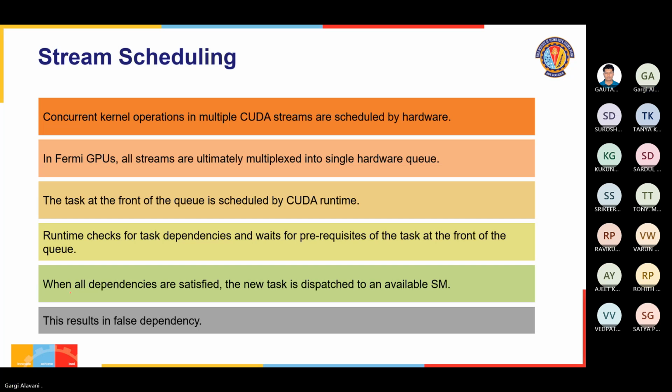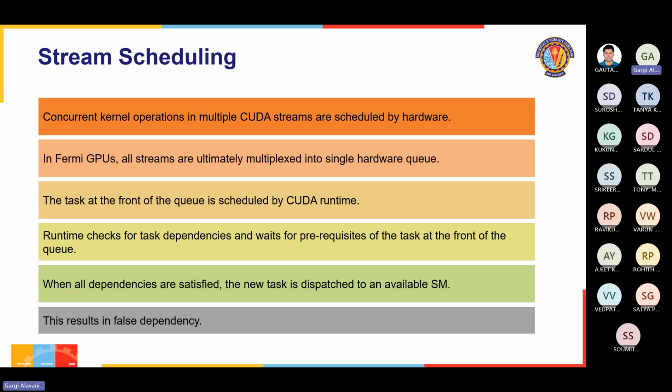The stream scheduling happens in such a way that the concurrent kernels will operate in multiple CUDA streams, and that will be scheduled by the hardware. In Fermi architecture, the problem was that all streams were ultimately multiplexed into a single hardware queue.